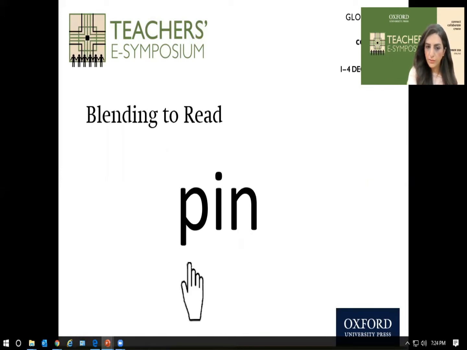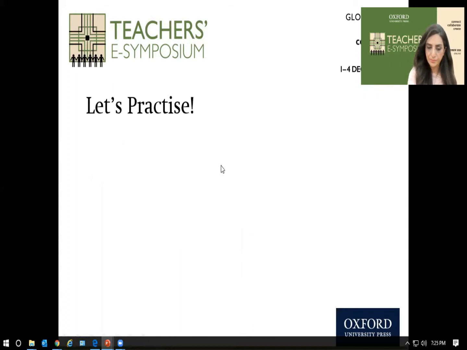And then you start from the first sound and glide your finger through: p, e, n, pin. I slightly modified it just to swiftly pronounce the word. This is the skill that we need to teach students explicitly, and they need to practice it in order to be able to read independently. So let's practice some blending.